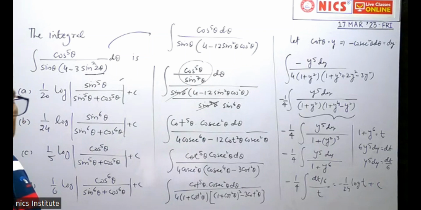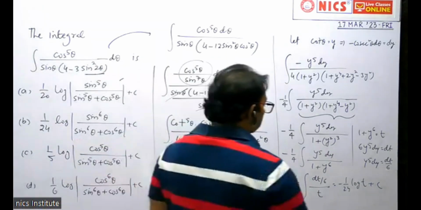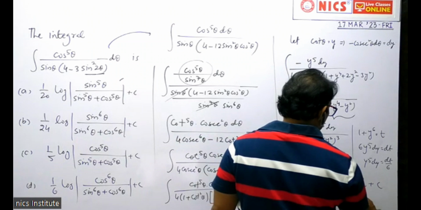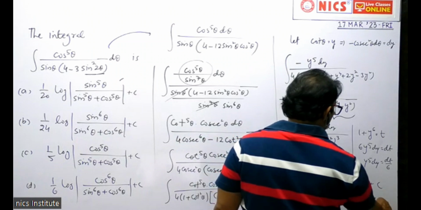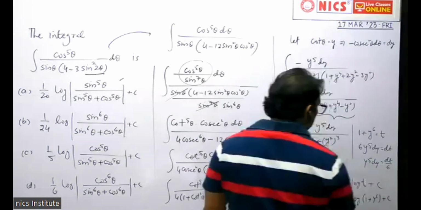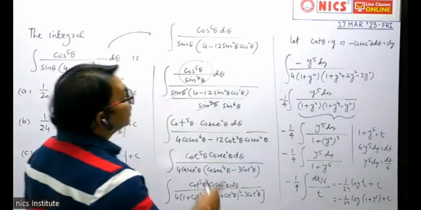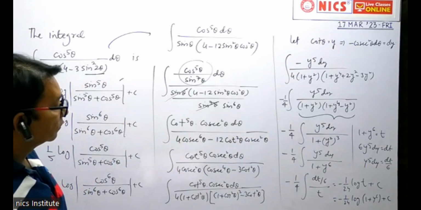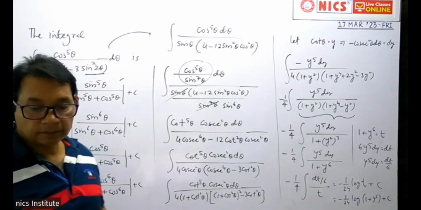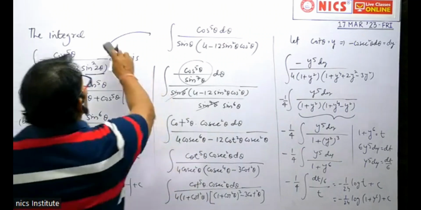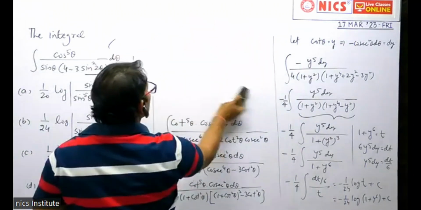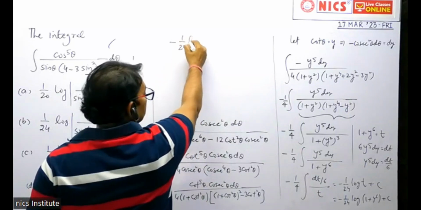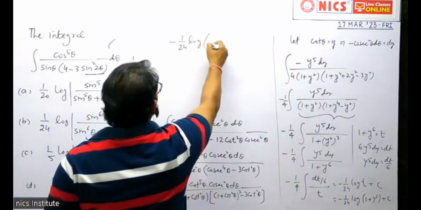t is 1 plus y to the power 6. And then you can replace y. y is cot. Then you can convert cot into tan and cos. See, so much time one question is taking. That is the problem with maths.